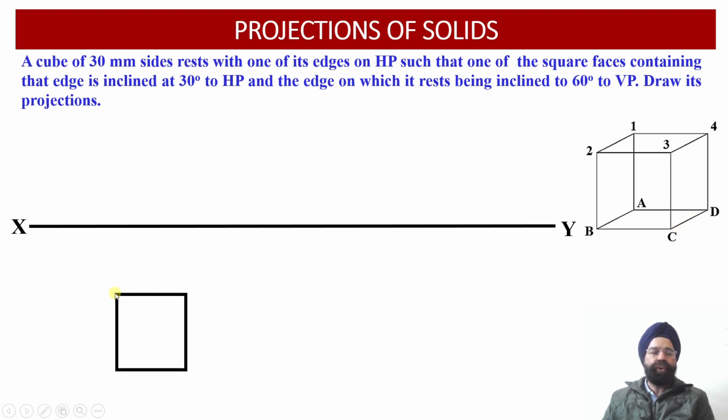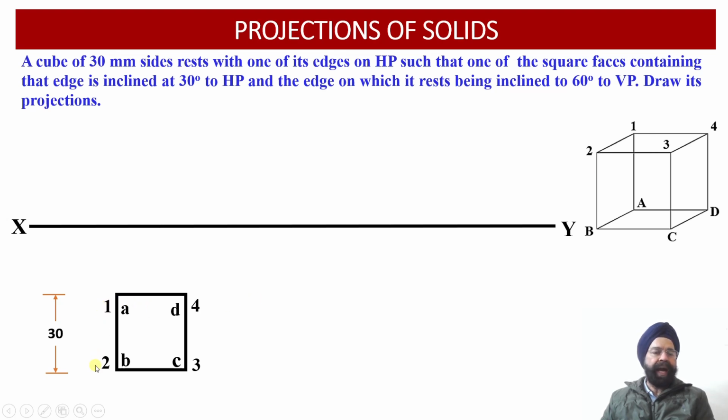So now having drawn the top view projection of this cube, which will appear as a square having edge equal to 30 millimeter, we find that 1, 2, 3 and 4 are the points which are lying onto the top face of this cube.